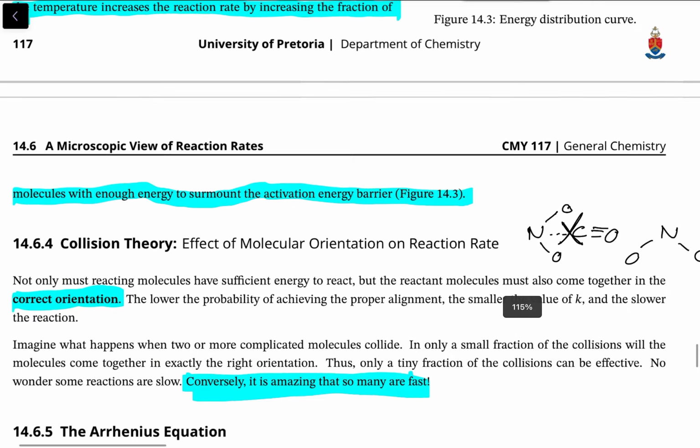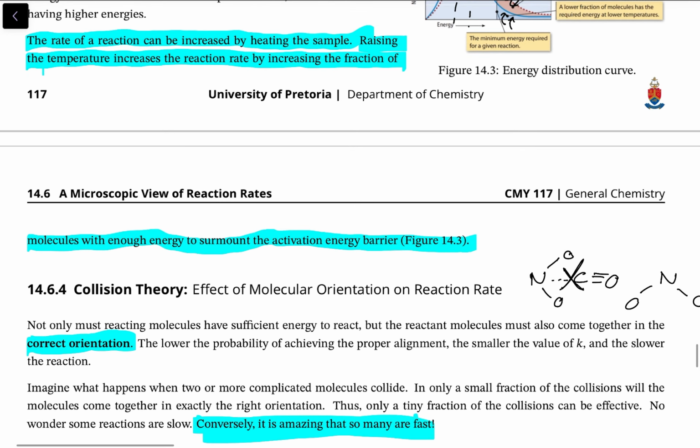And we just spoke here about the effect of orientation, meaning it needs to have the correct orientation. And those are the three factors that govern what the reaction rate is going to be. Is it going to be high or is it going to be low?